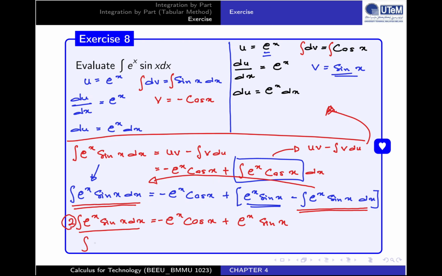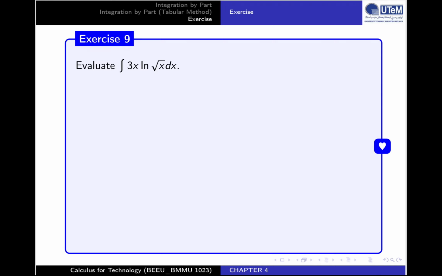So we transfer the value of u to the right hand side, so we can get the integration of e^x sine x dx equal to 1 over 2, and then in the bracket, negative e^x cos x plus e^x sine x, and then plus c. So that is the answer for exercise 8.